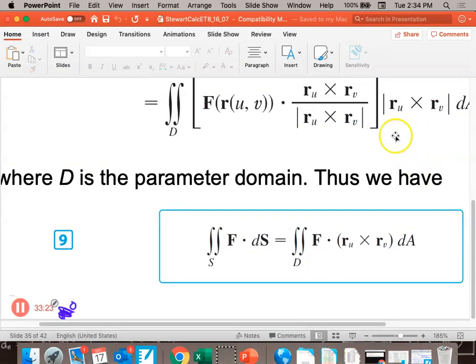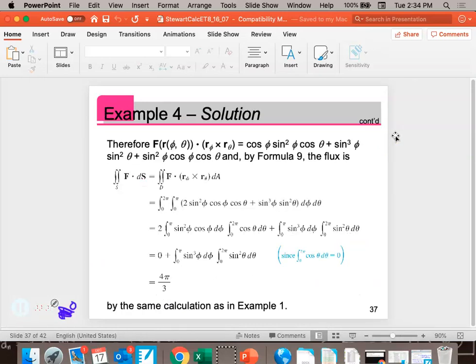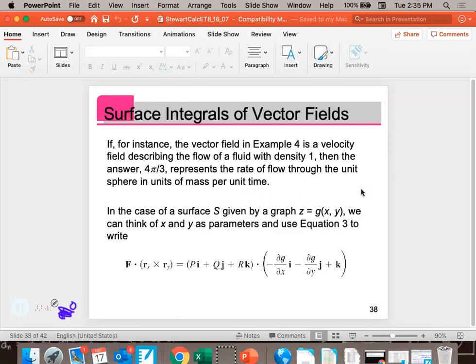Let's see if they tell us anything else. Flux, unit sphere. They don't do anything to change it. Oh, look.